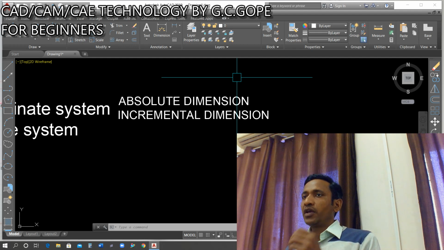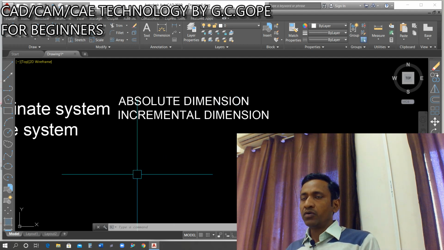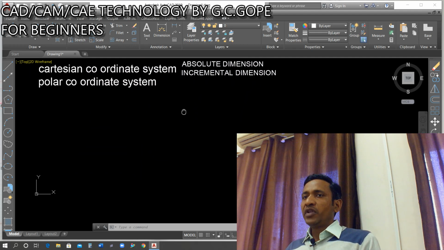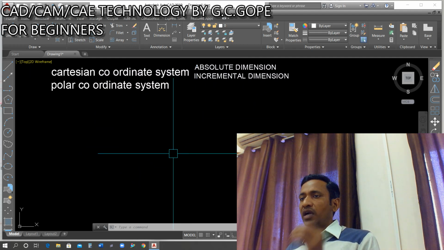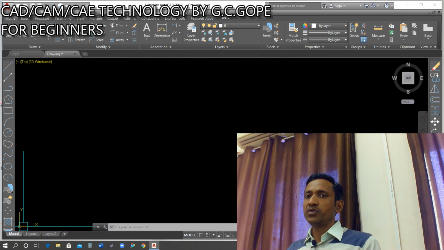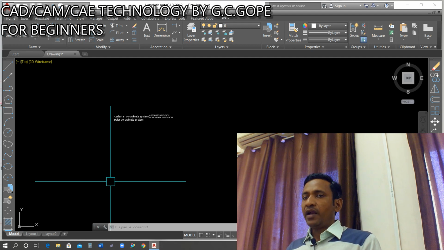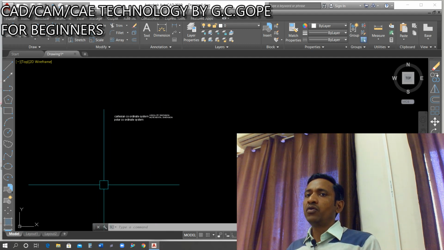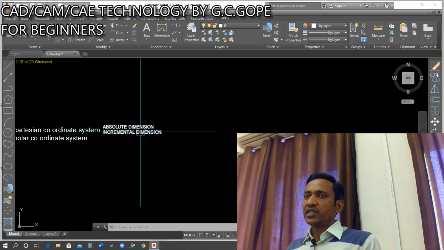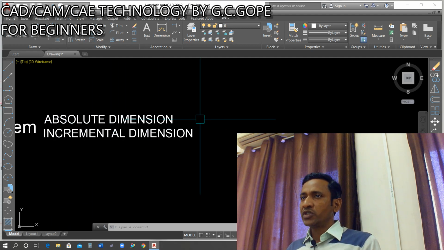That means if we draw some diagram in this graphical window with the help of absolute dimension, it will start from the starting point of UCS. This is called UCS. We see that in this graphical window we have only one UCS system, so the axis will be fixed in absolute dimension.